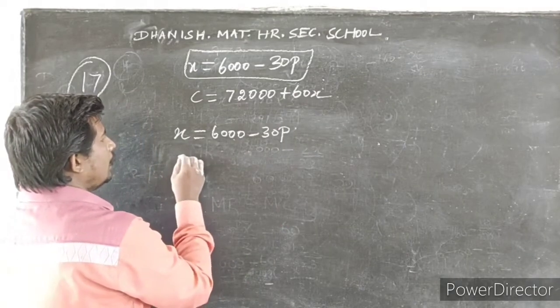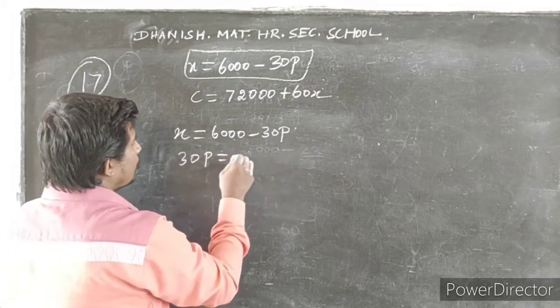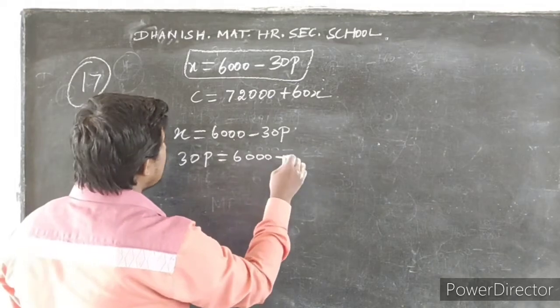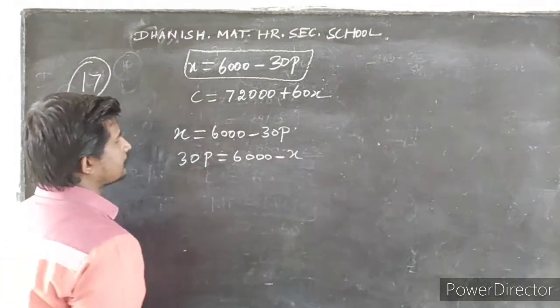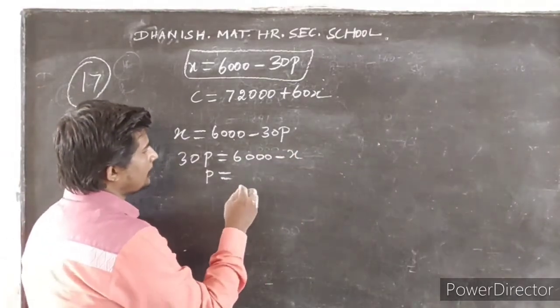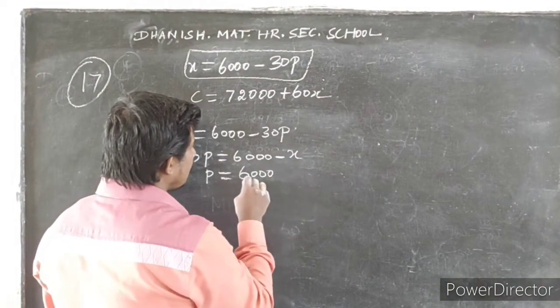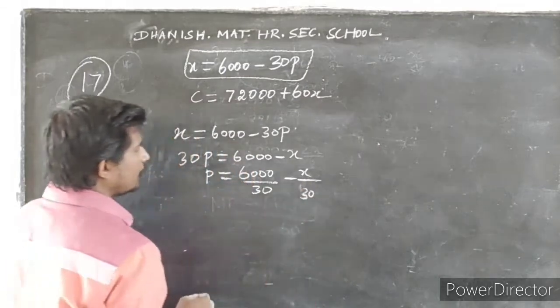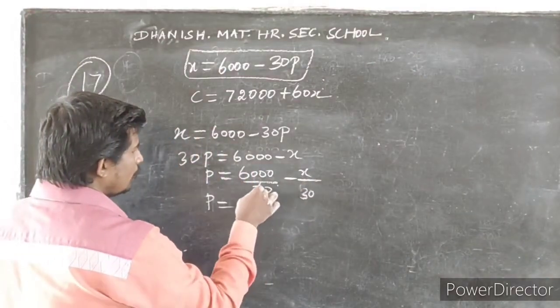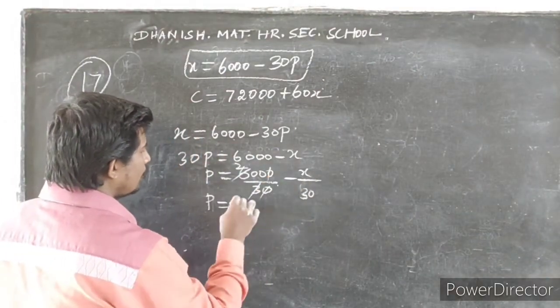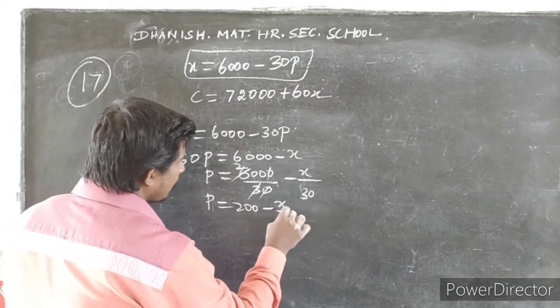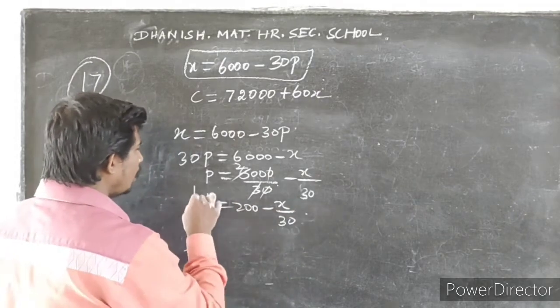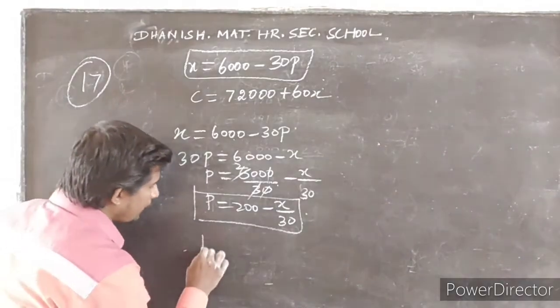Now 30p equal to 6000 minus x. Now p equal to 6000 divided by 30 minus x by 30. So 200 minus x by 30. We got our p.